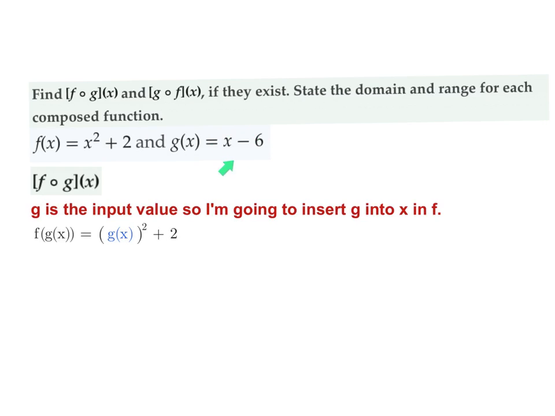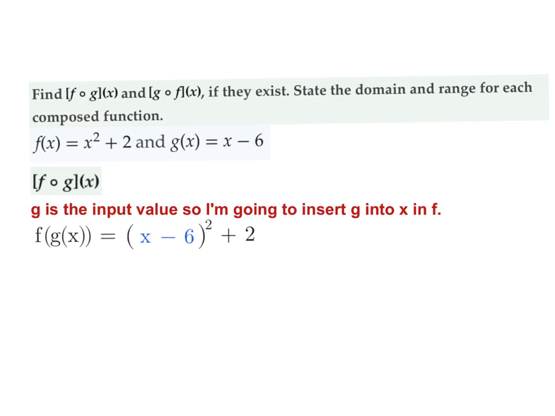So in reality, I'm just taking x minus 6, because that's g, and plugging it into f everywhere there's an x. In this case, there's only one place. Okay? If there were multiple x's, like in my example, you'd plug it into every place there was an x. Alright, so like I have it here, that's really just x minus 6, because that's what g of x is, and now it's a matter of expanding that, multiplying it out, and seeing what you get.